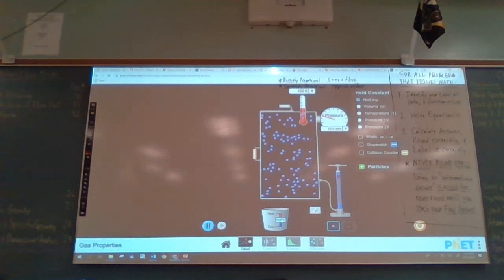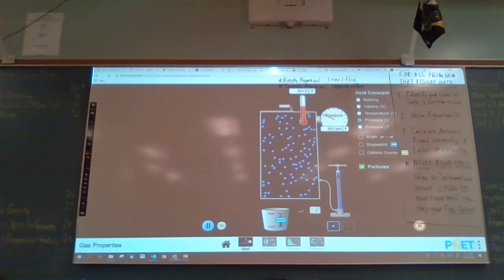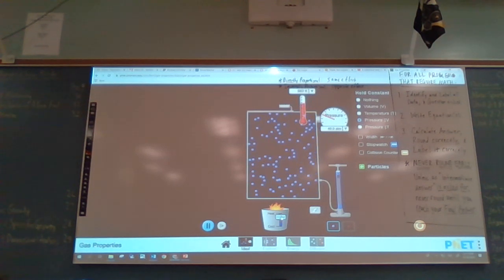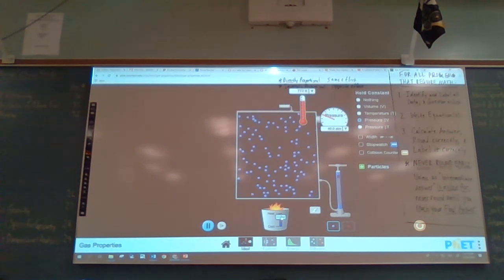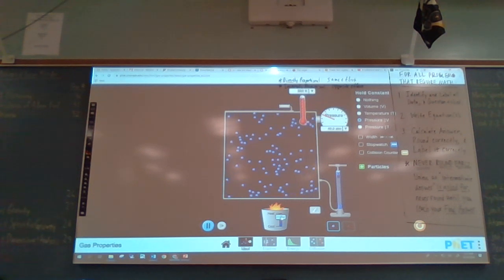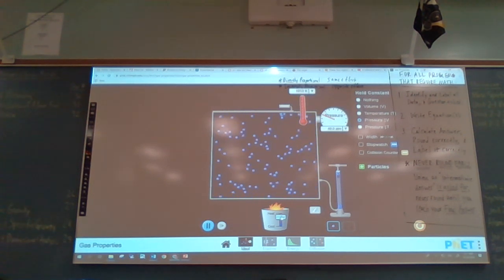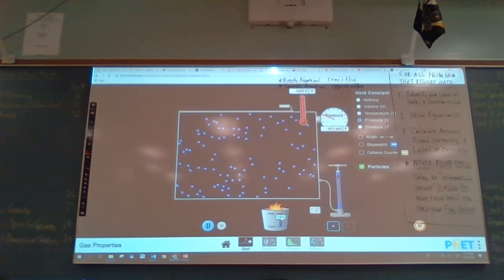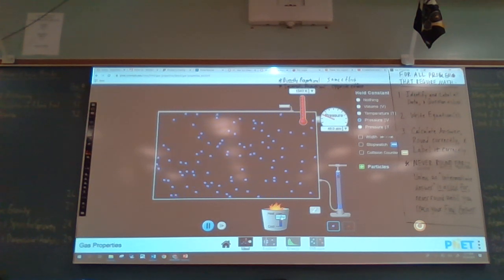As we increase the temperature and the particles move faster and the container is flexible, what happens? There we go. Particles faster, more collisions, and now the container is getting larger. Volume is increasing with an increase in temperature.